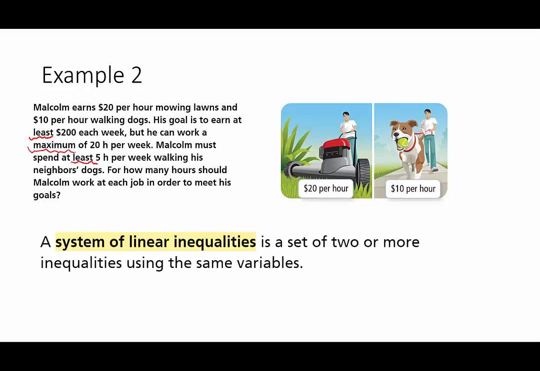So it looks like we can have more than one combination that could work, but we're trying to find what the optimal combination is. So we're going to be using inequalities rather than equal signs. And when we use equal signs, we're only looking for those intersecting points.